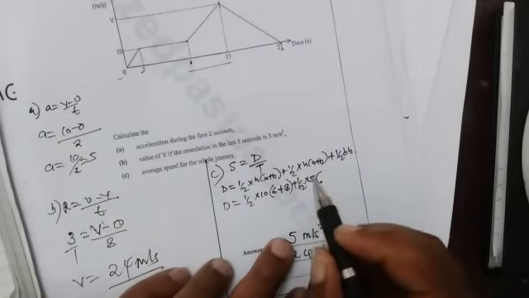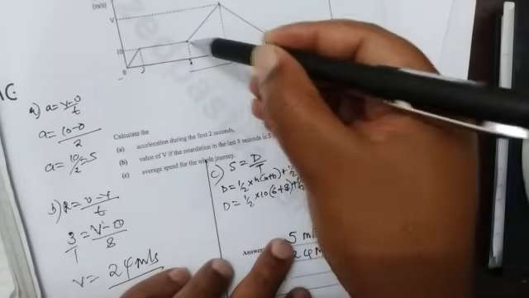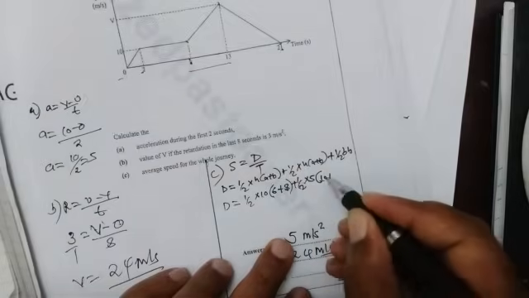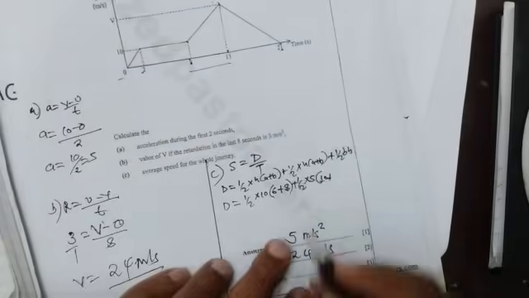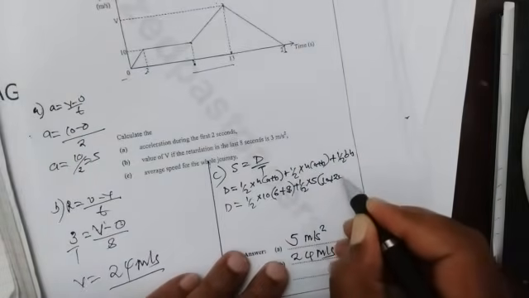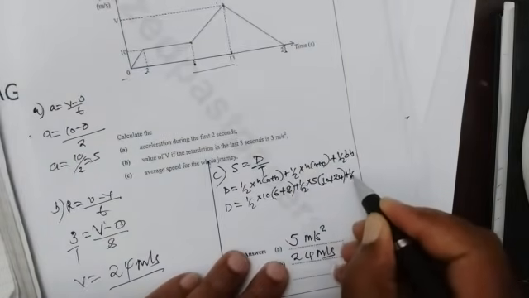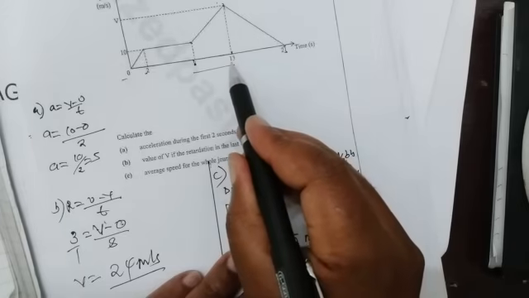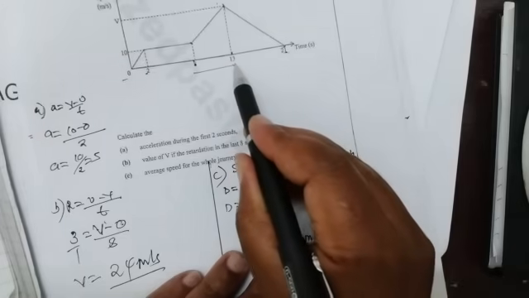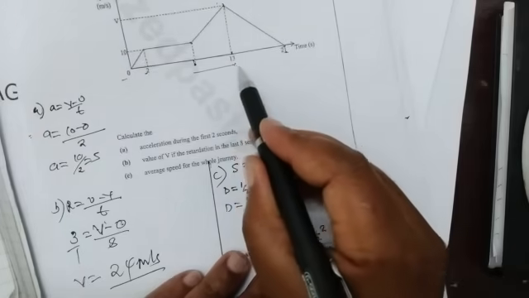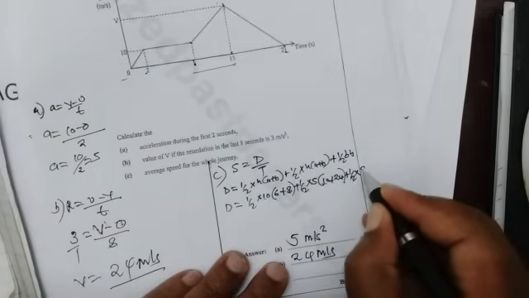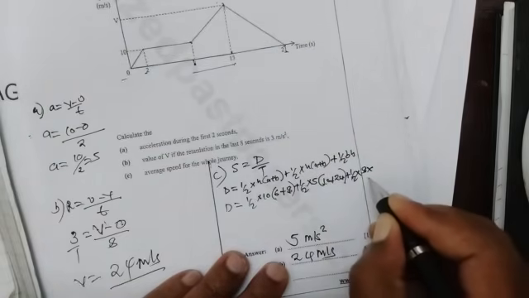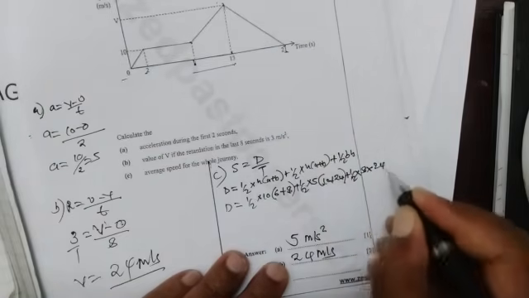Now our a will be from here up to there, which will be 10, plus our b will be from here up to there, which will be 24, plus half times, what is our base? Our base is from there up to there, which is 8, by your height, which is 24.